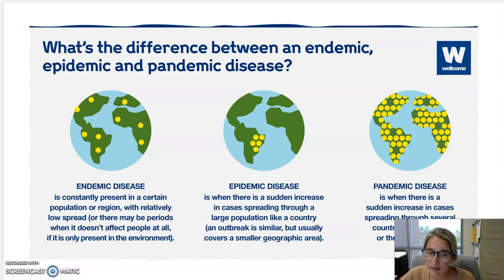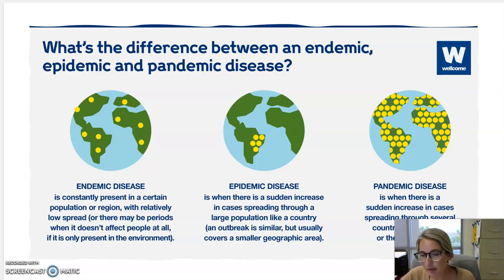Even to this point, COVID-19 has become endemic in the United States. It's been constant year after year, so it's generally just expected. As long as the disease is constant in that area and expected, so we generally know about how many cases we're going to have from year to year, the disease is endemic.